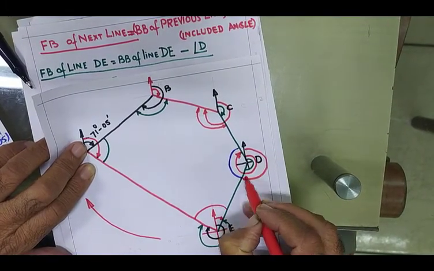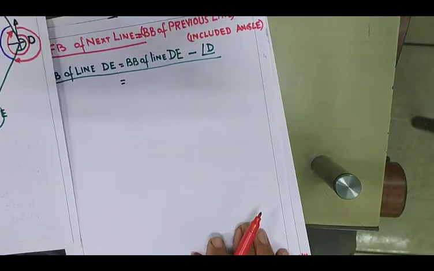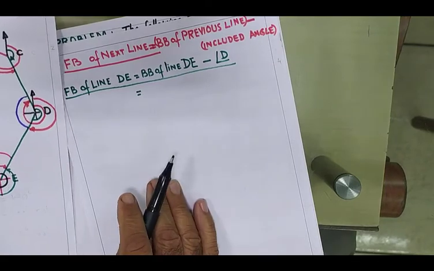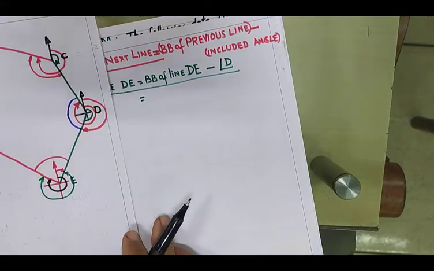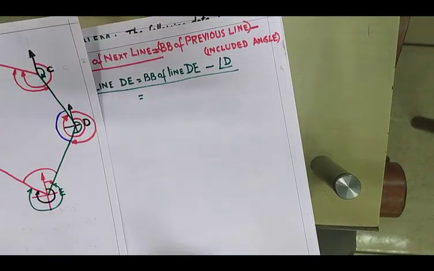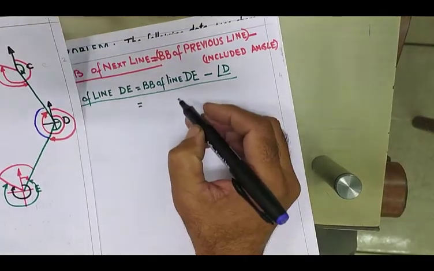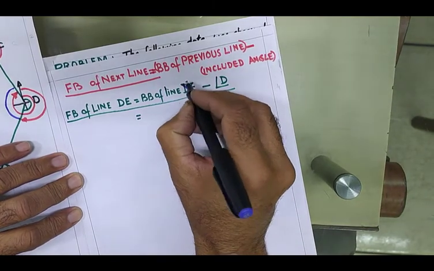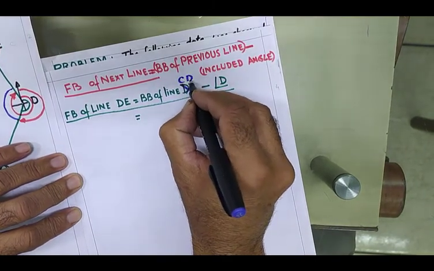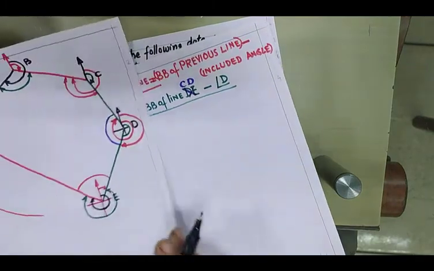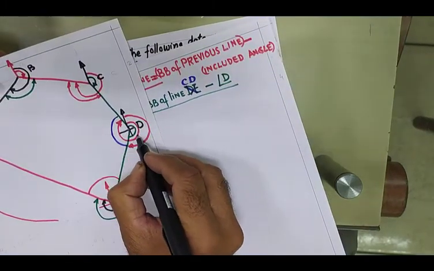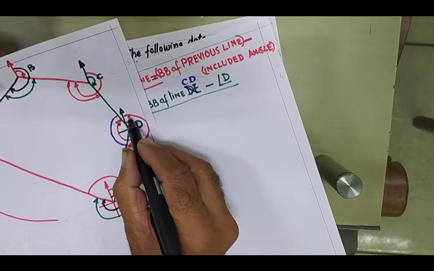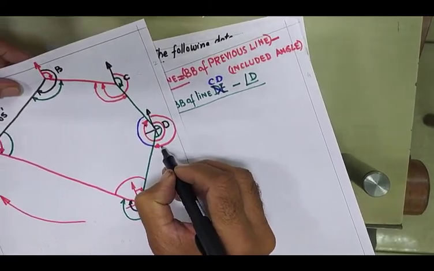So I can write the back bearing of the previous line. I am going to calculate the forward bearing of line DE. So this is the back bearing of line CD minus angle D. This comes to be the forward bearing of line DE.